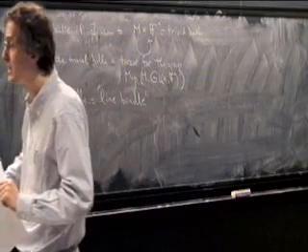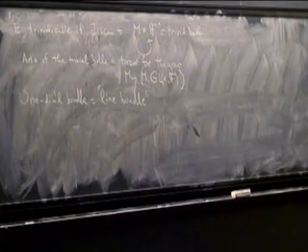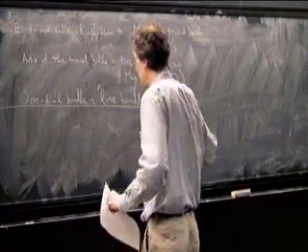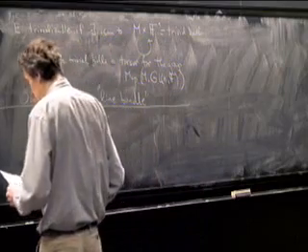Okay, now I didn't say much about the nature of this map here, and the nature of the transition functions determines different categories of vector bundles.